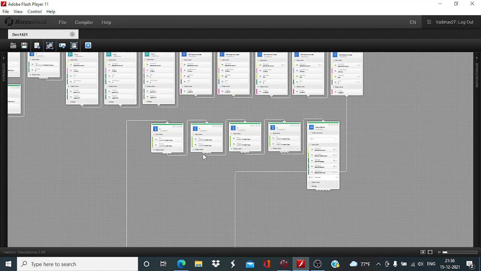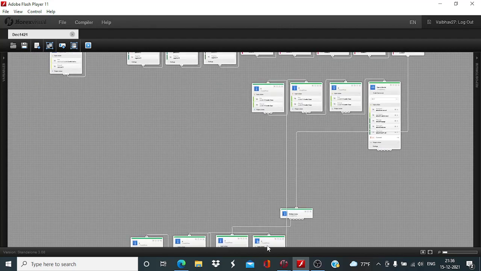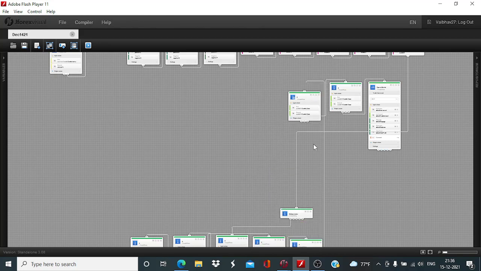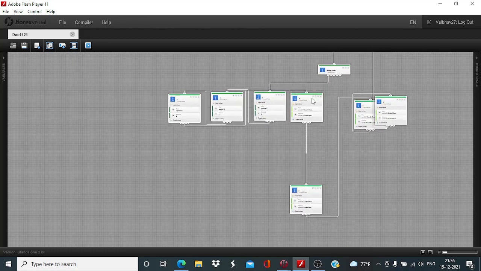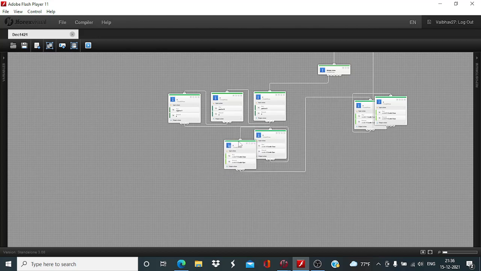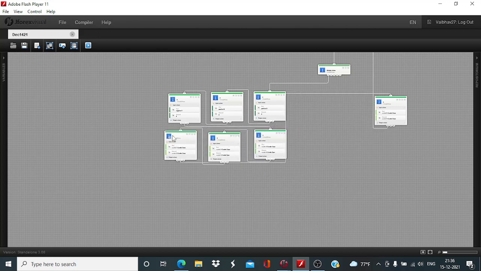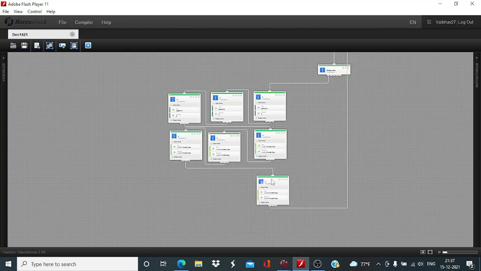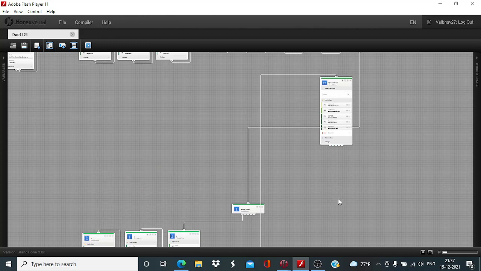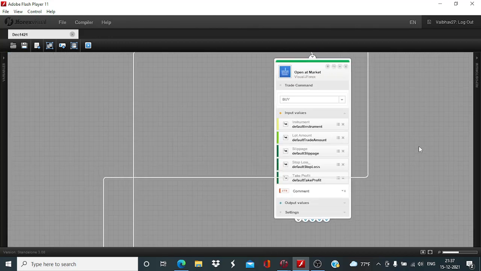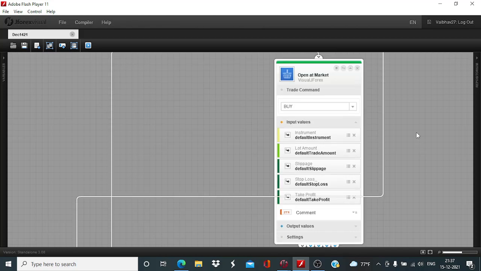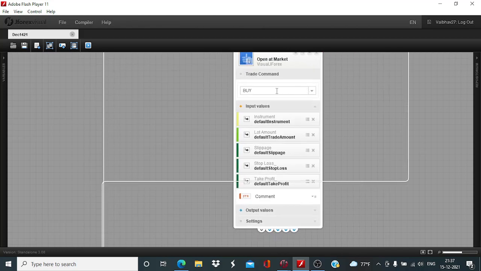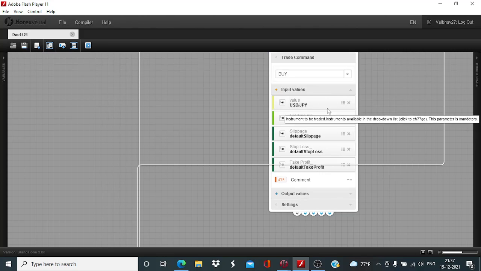And now we arrange this on the lower side, and after that we will define the parameters for the trade command block. Coming to the defining of the parameters for open at market, this is going to be the buy trade, so it remains buy. Default instrument is USD JPY.